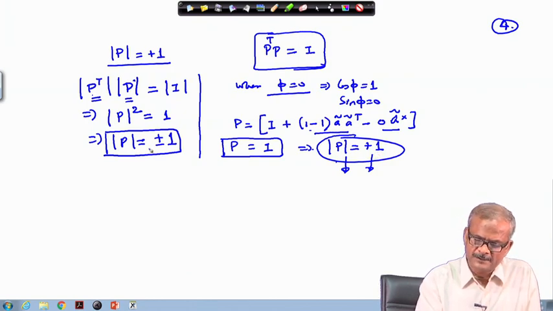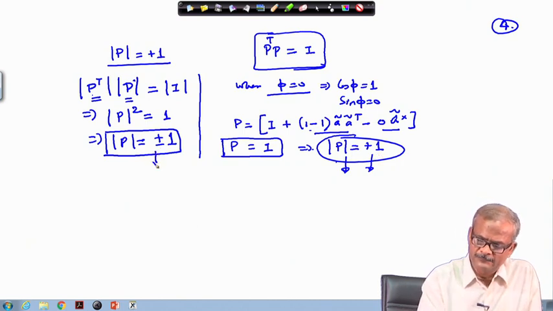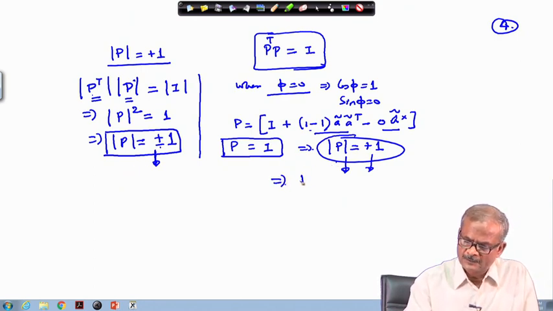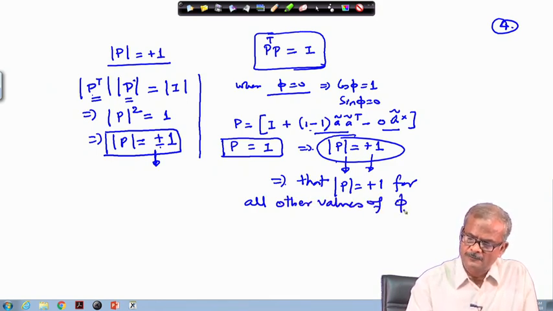So, if we give different values to phi, still we should get a determinant value of plus 1, and therefore, we need to neglect the minus sign. So, this implies that the determinant of P equals plus 1 for all other values of phi.